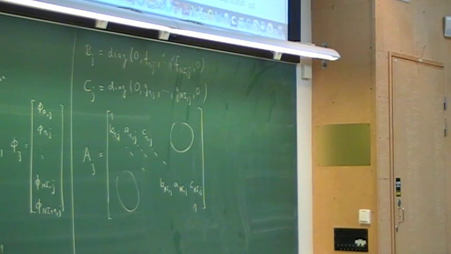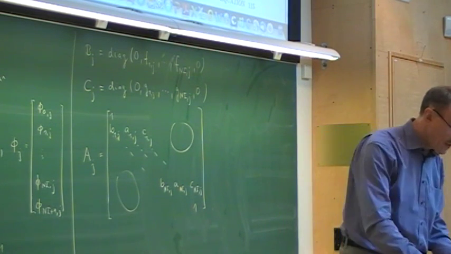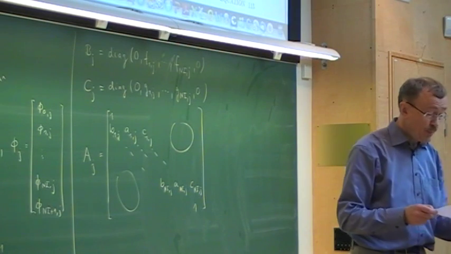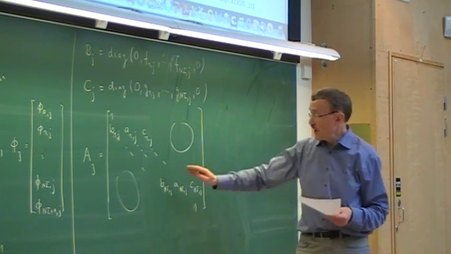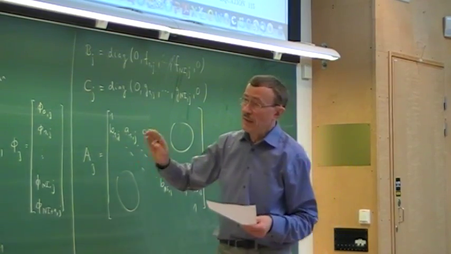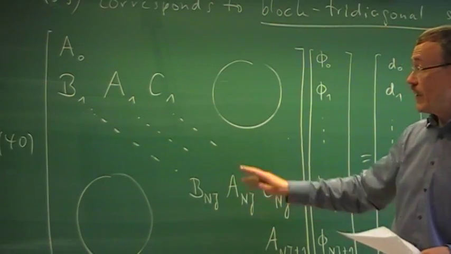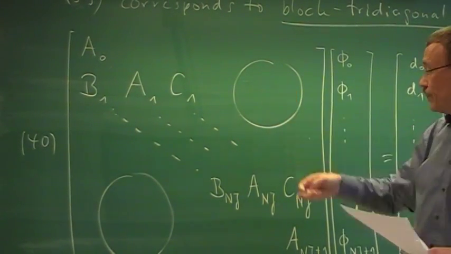So then we have this structure here, and if we look at it, then we see that it corresponds, as I said already yesterday, also to a pentadiagonal linear system. Because if you imagine this is in the A's, the A1 to ANJ. So they have all something in the diagonal and something next to the diagonal.